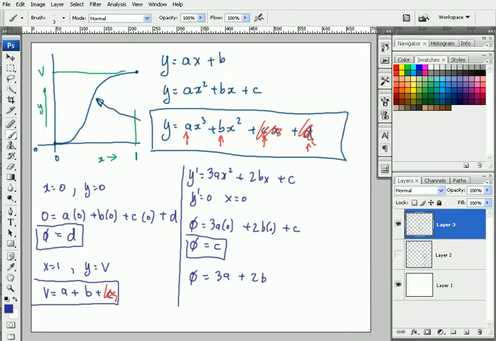We can rearrange this, and we get 3a minus 3a is equal to 2b, or in other words, minus 3 over 2a is equal to b. Well, that's a useful piece of information because we can now use that with this equation to get a relationship between a and v. Let's do that.